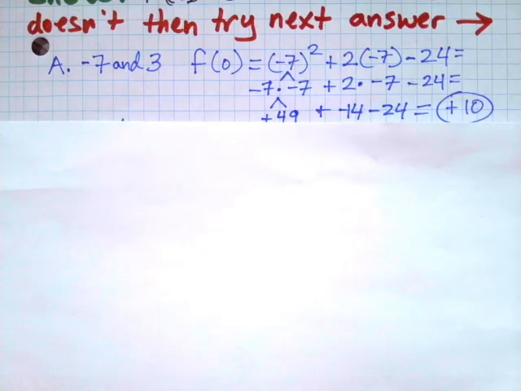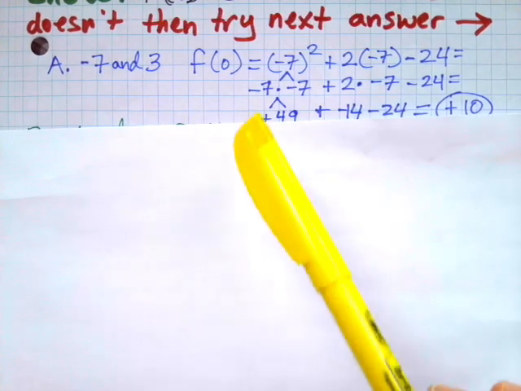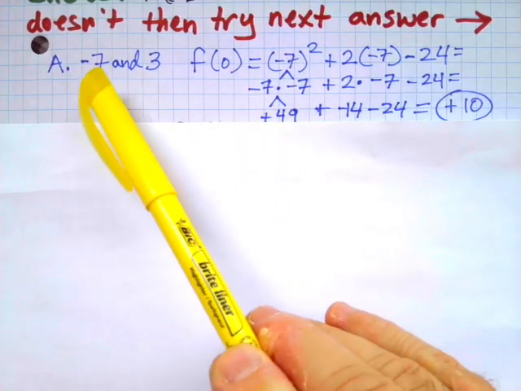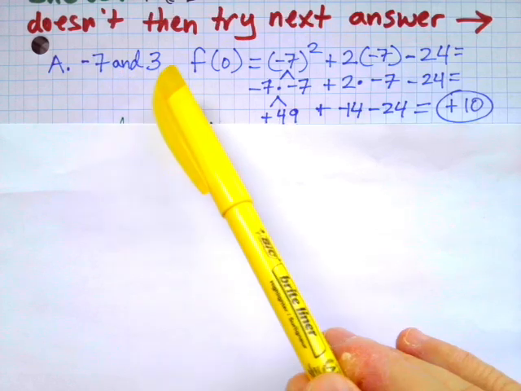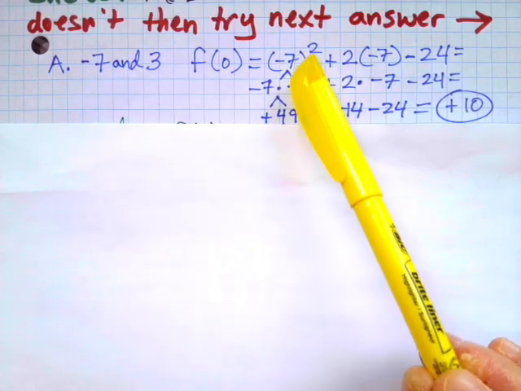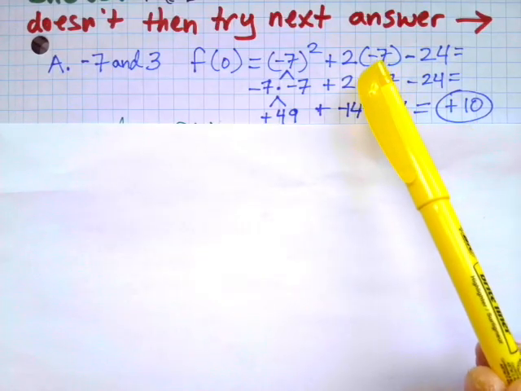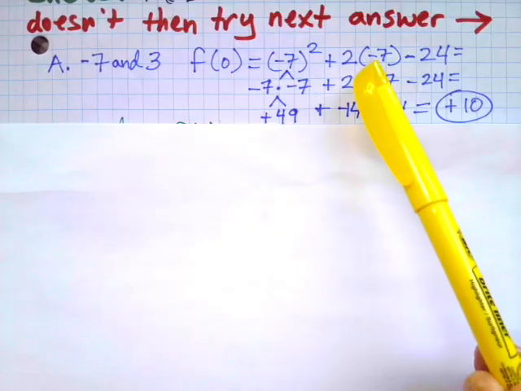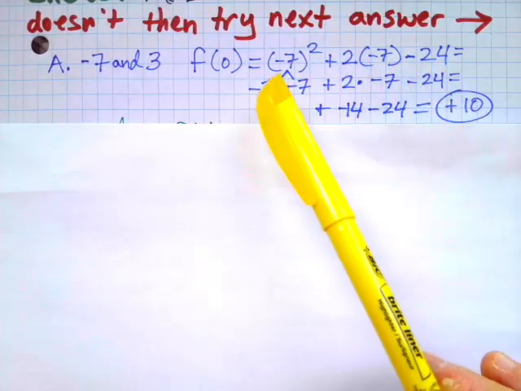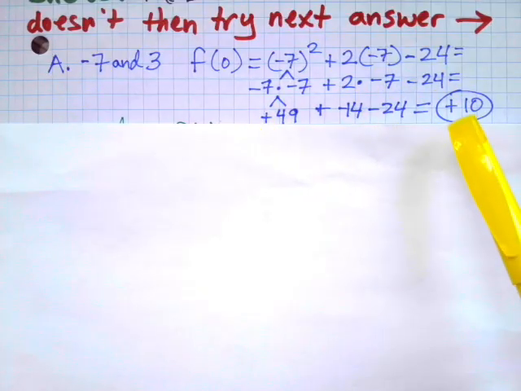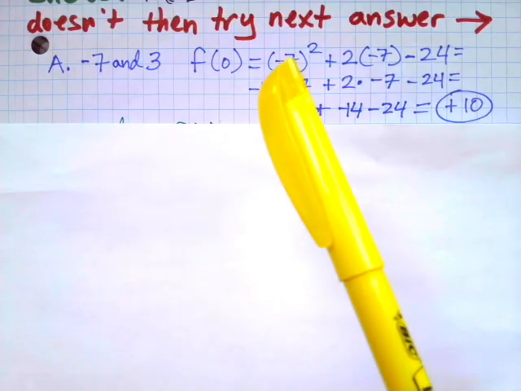So I want f of x set to 0. When I substitute the -7 for x in x squared plus 2x minus 24, I'm going to substitute that -7 everywhere I see x. And when I simplify, following the order of operations, I talked about that in the review, I should end up with 0, if you did the math correctly. And believe me, I've done it wrong before in the past. So you want to watch each step and be very careful.